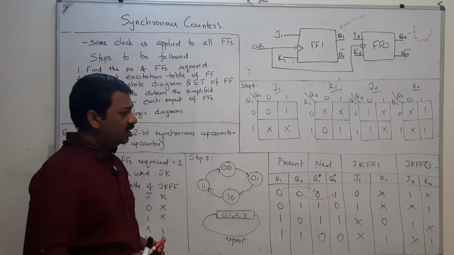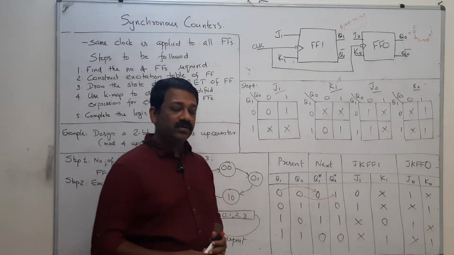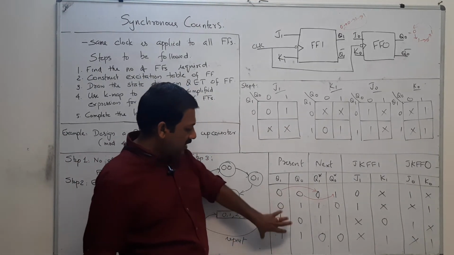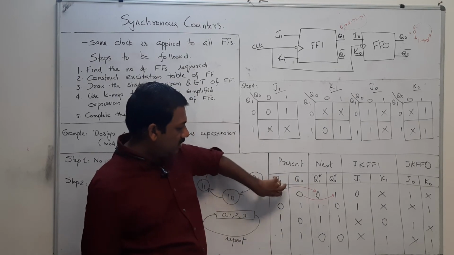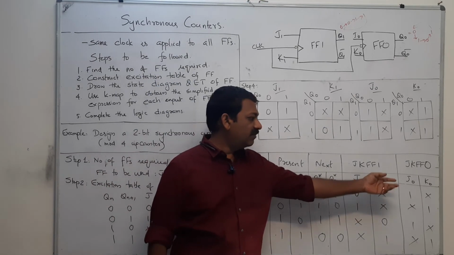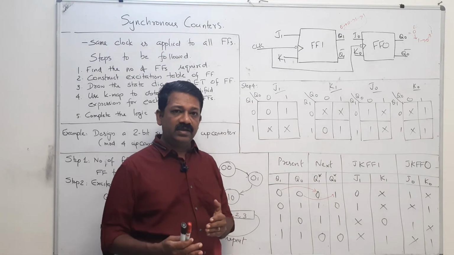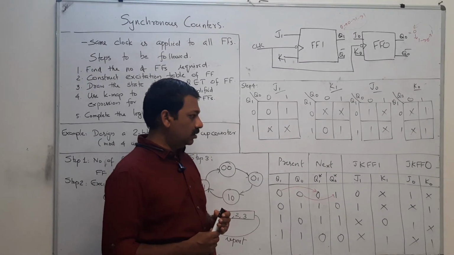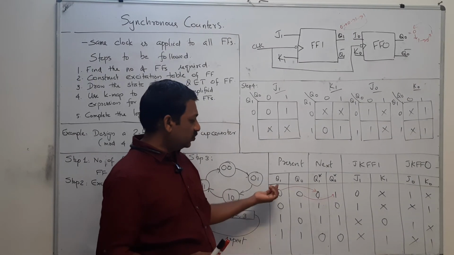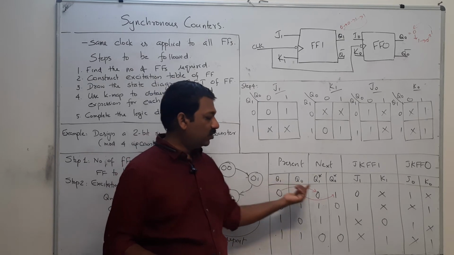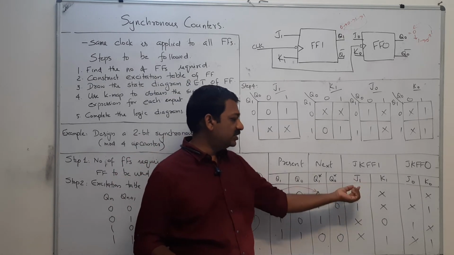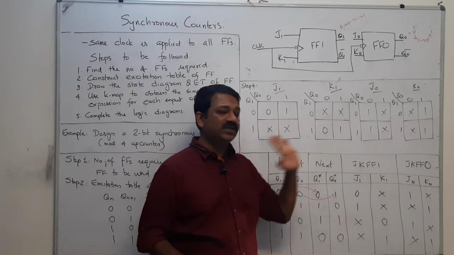Now, using Karnaugh map, this J1, K1, J0 and K0 can be found, that means using Q1 and Q0, we are going to have a combinational circuit which develops J1, K1, J0 and K0.